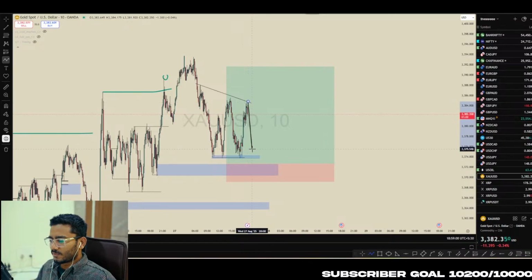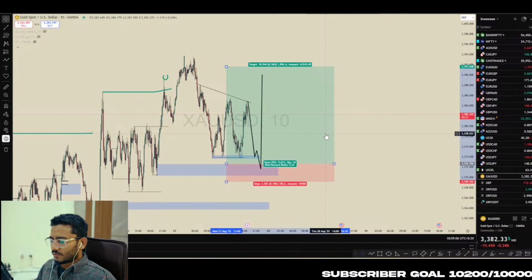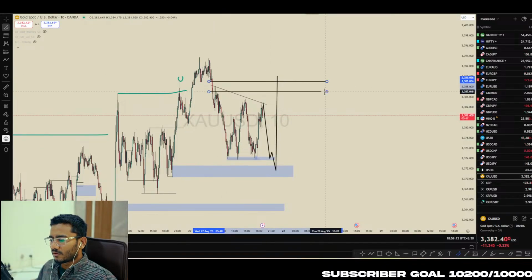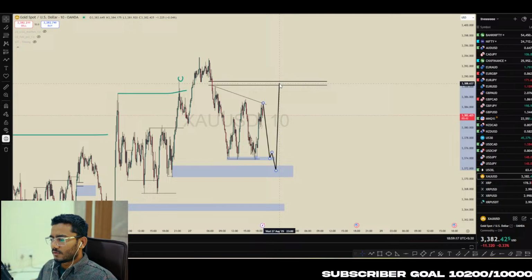So we can expect price to react, and then it should dip into this entry and it should continue, which is around 1:5. Also, price has this imbalance, so maybe we can expect price to go down from this area. Let's wait.